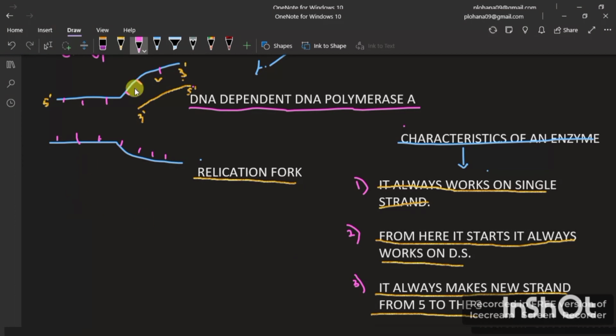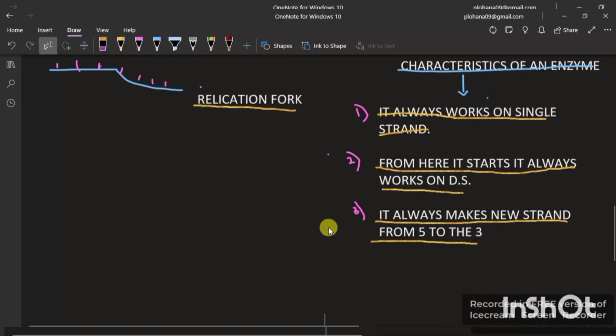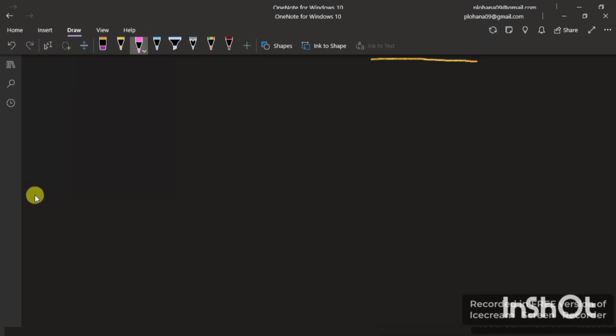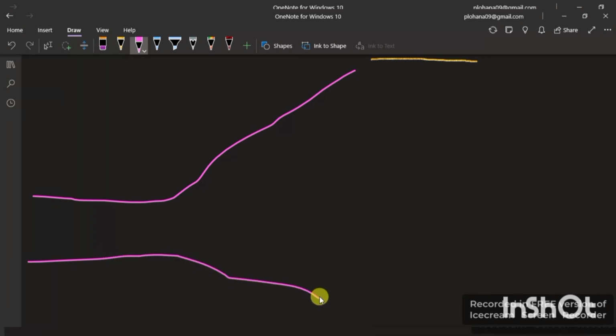Now I'm just going to make the DNA replication strand again, the bigger replication fork. So basically I do have the replication fork here. This is one strand, and this is another strand I do have.